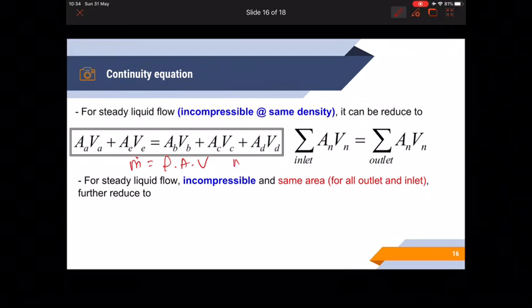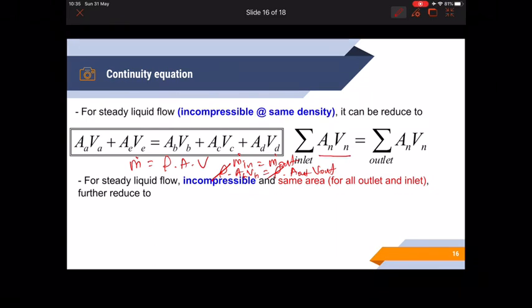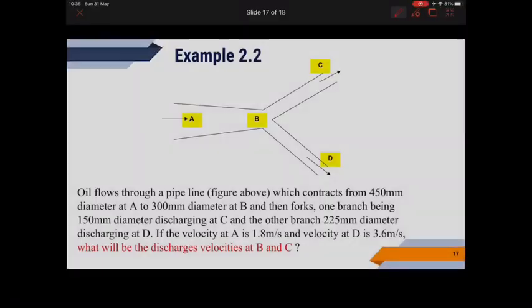Whenever you have m dot in equal to m dot out, and the density is constant, you can still write rho of the fluid times area at point 1 and velocity at point 1, A in V in, equal to rho of the water times area out velocity out. And then you can simply cross out the rho because the density doesn't change. That's why area at the inlet times V at the inlet is equal to A at the outlet and V at the outlet.